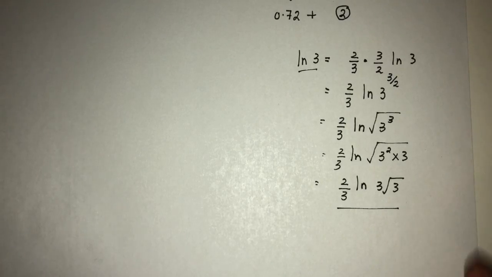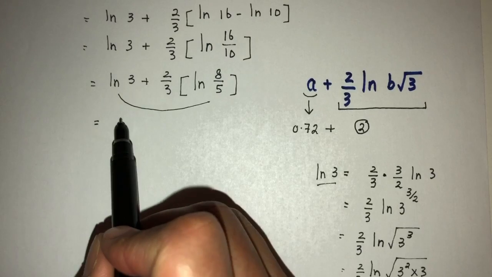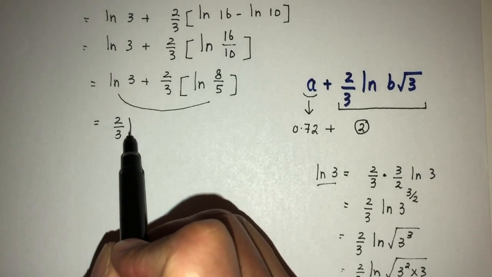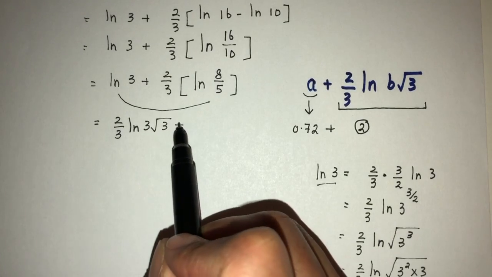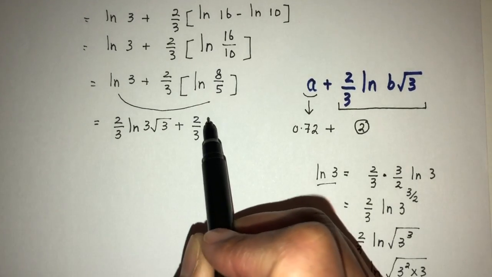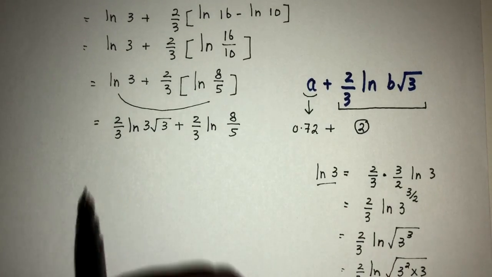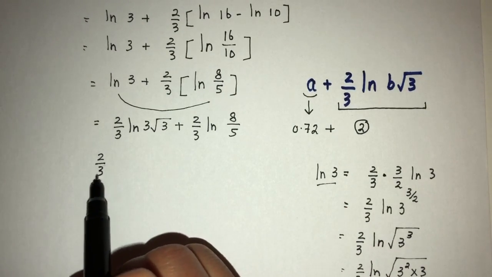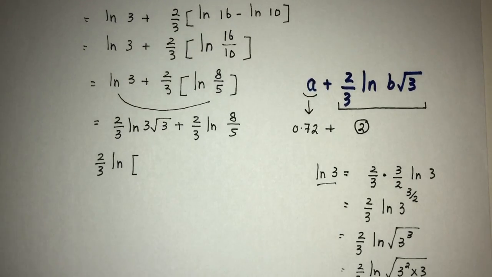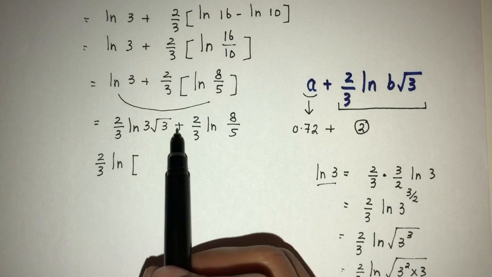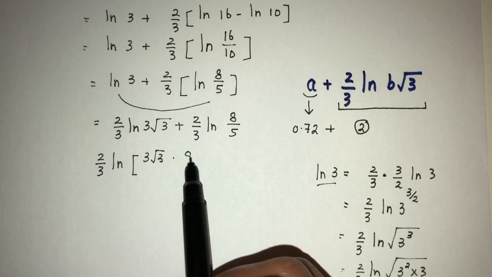Okay, now if you bring this back up, you will have what? This will give you 2/3 ln 3 root 3 plus 2/3 ln of 8 over 5. So simplify, you will have 2/3 outside, that will be ln of, because we have plus, we have to multiply, so this multiplied by 8 over 5.